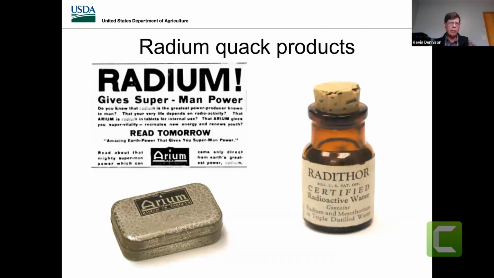There was a lot of radium quack products released back in the early 20th century, including a product called Radithor. And there was a really high-profile case of a guy named Eben McBurney Byers, who was a wealthy amateur golfer. He started promoting Radithor from a prescription from his doctor.